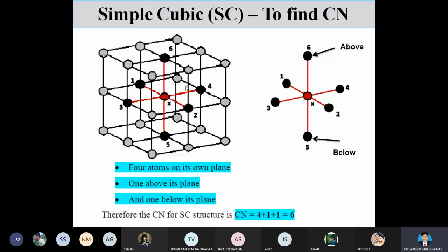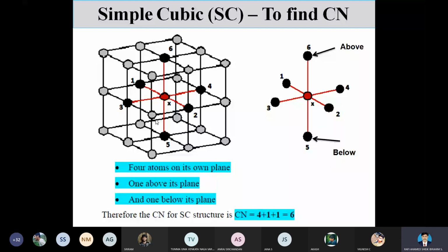So if you consider this atom X as your reference, for that reference atom we have 4 nearest neighbors. See, 1, 2, 3, 4. So we have 4 nearest neighbor atoms on its own plane. That I have mentioned here as the first part of the coordination number: 4 atoms on its own plane.